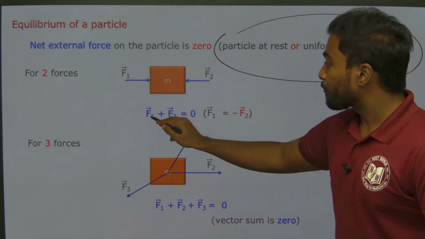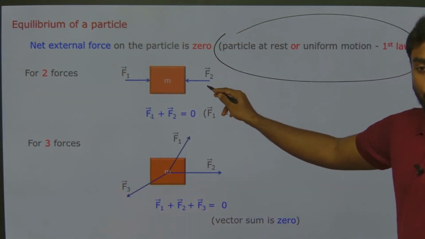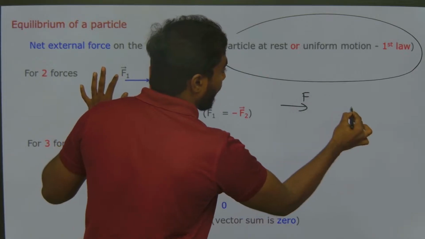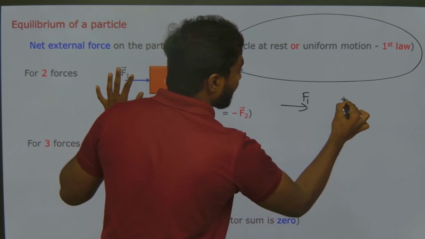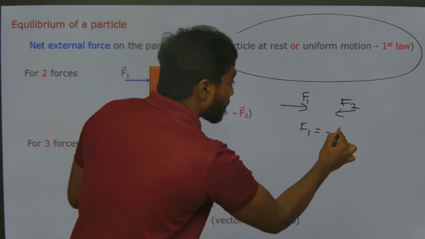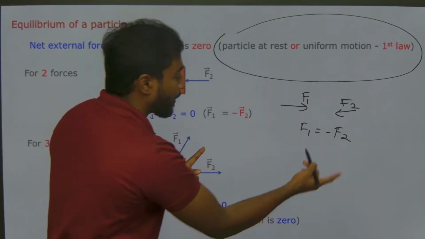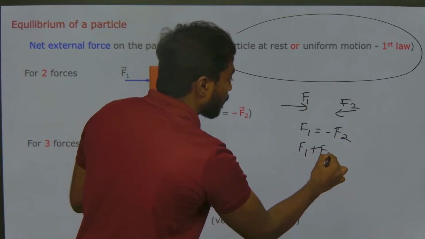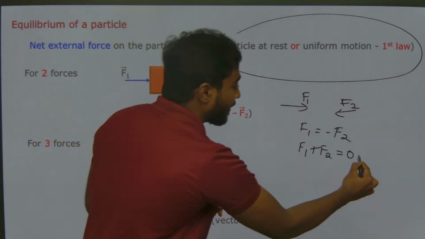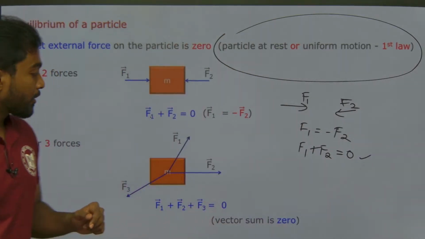So F1 should be equal to minus F2. If I am applying a force F1, the opposite force F2 is there, which means F1 equals minus F2. So F1 plus F2 will be equal to 0, which means the object is at rest.